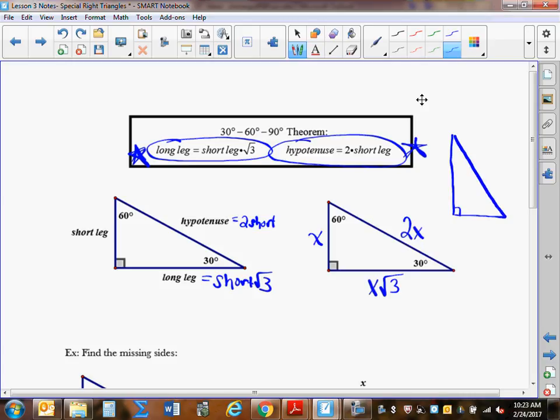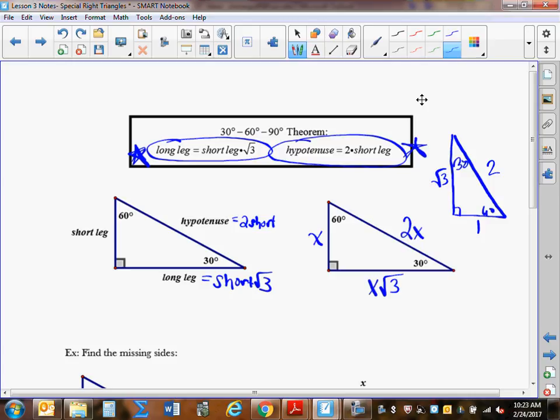So if this is my 60, because that's the long leg, 30, that's my short leg. So the most basic unit, if you wanted to think of it that way, my short leg is 1, my hypotenuse is twice that, and my long leg is 1 times root 3, so just root 3. So 1, 2, square root of 3, or 1, square root of 3, 2, whichever way you want to think of it. So you've got to remember those formats.